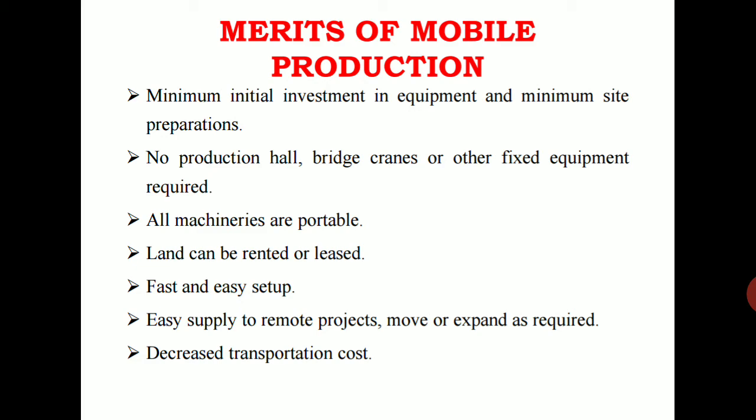So we need to compare whether to go for mobile production or stationary production. We need to do a proper estimation with respect to all the aspects, right? That is the manufacturing cost, then the installation of mobile production, I mean the supplying of mobile production from one place to another, that transportation cost, then the availability of raw materials, and whatever other aspects, such as damages that may be caused in stationary production.